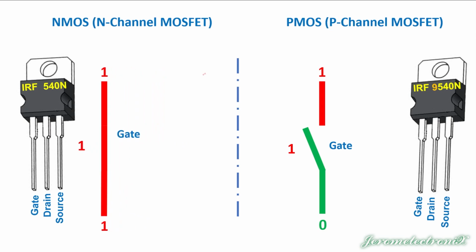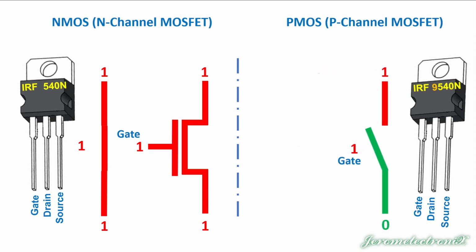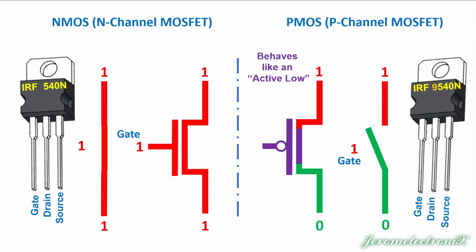So now I'm putting these aside and putting in the schematic symbols again for our gates, and just showing you that a 1 will allow flow in the NMOS version, and on the other side in the PMOS version of the schematic symbol, a 1 in the gate will stop the flow, a 0 in the gate will enable the flow. So it's a little bit like what we've talked about earlier, an active low.